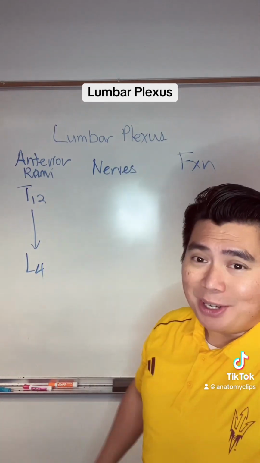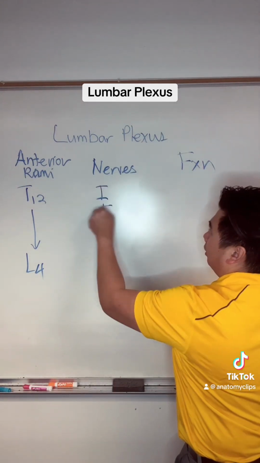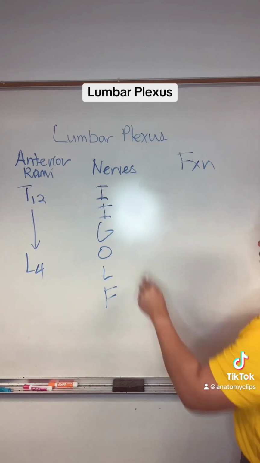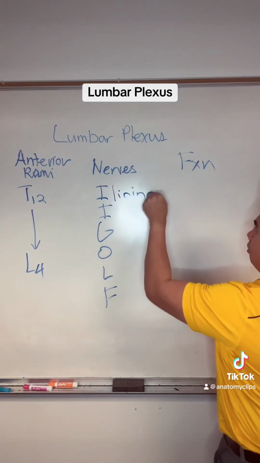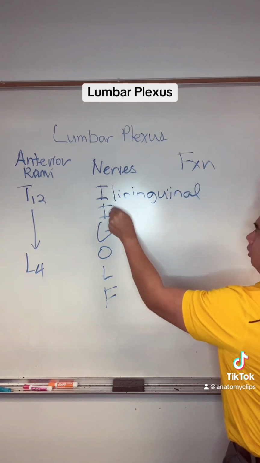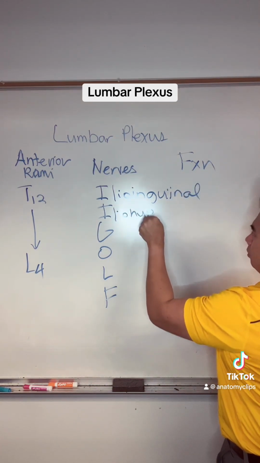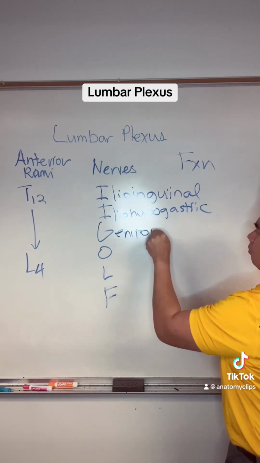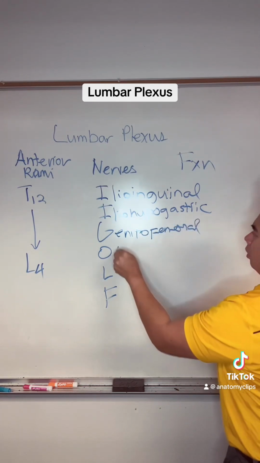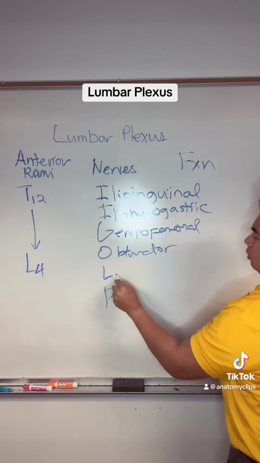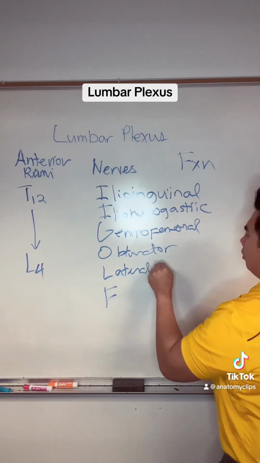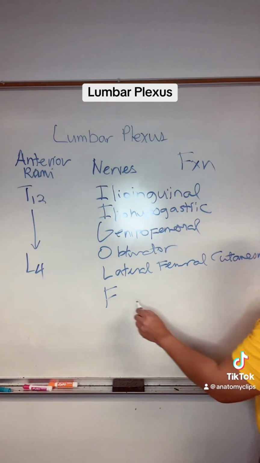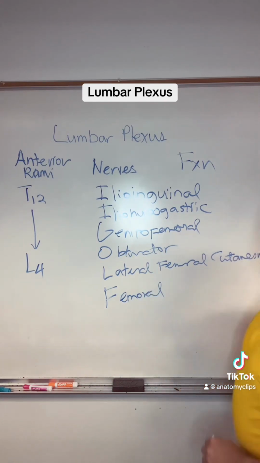But I like to use the acronym I GOLF. So we have these 6 nerves, each of them representing the ilioinguinal, iliohypogastric, genitofemoral, obturator, lateral femoral cutaneous, and femoral nerves.